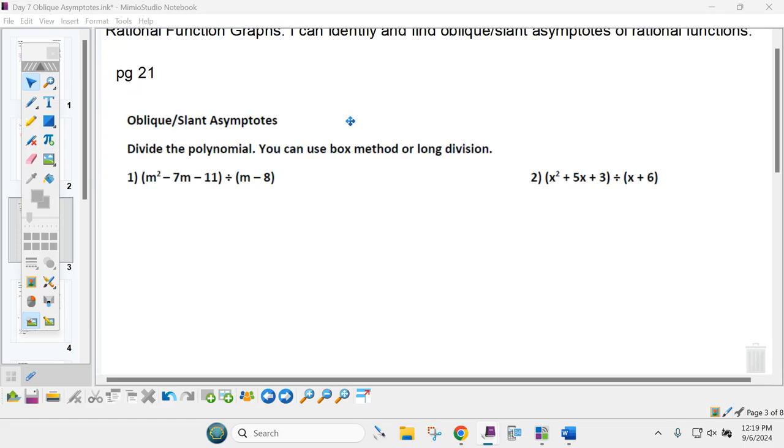It was about a 50-50 split of method preference between box and long division. Usually, especially with these graphs, the division problems will be written in fraction form and not just division form.